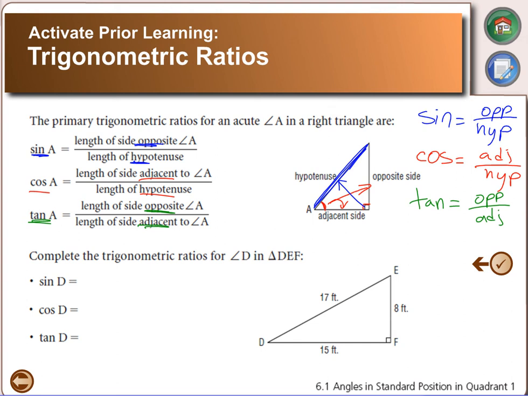And we brought that together and we said, oh, how are we going to remember it? Looking at the first letter of each, and we went with so, ka, toa. You could also use other things, but that seems to be the one that most people are using. So let's use this and complete the relationships here.